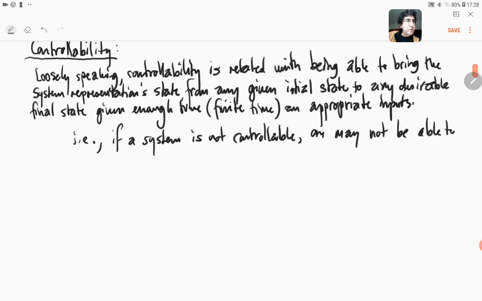It doesn't mean that you cannot bring all of the states.